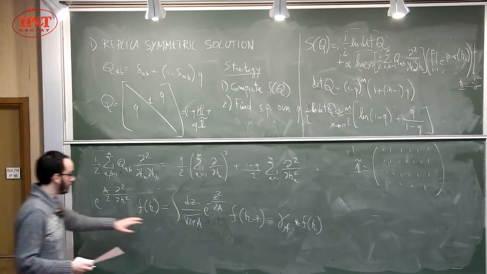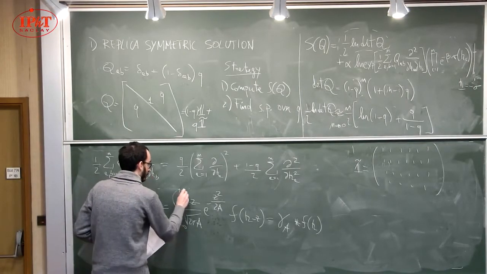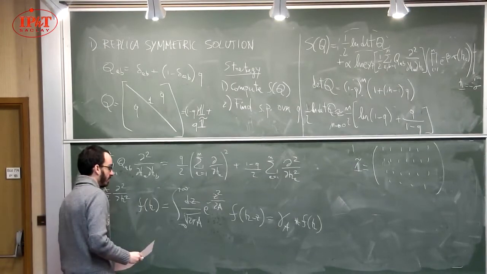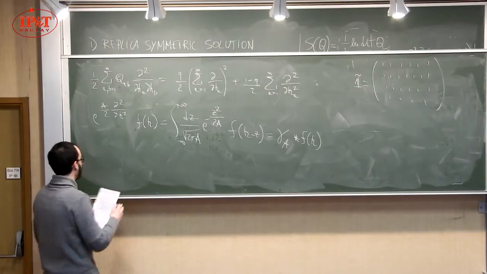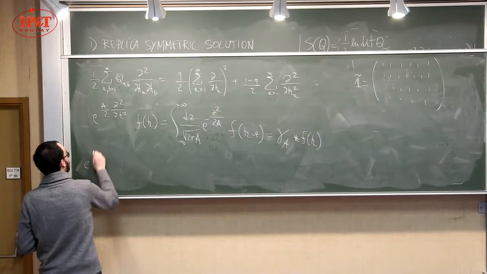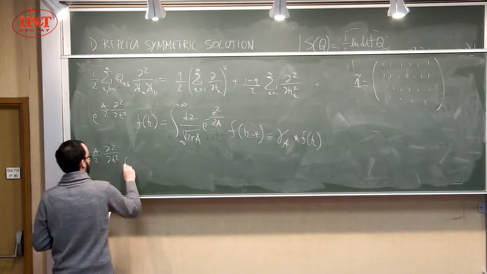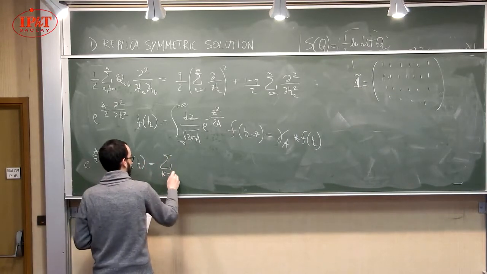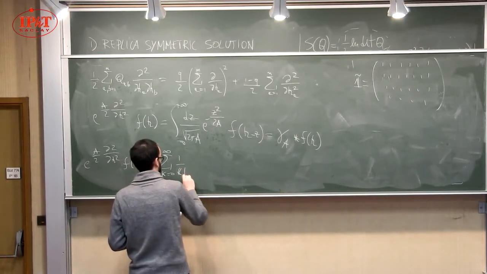So the way in which you can obtain this is just by using, for example, perturbation theory. So you just expand this differential operator. Okay, I will do it. This can be written as a sum.